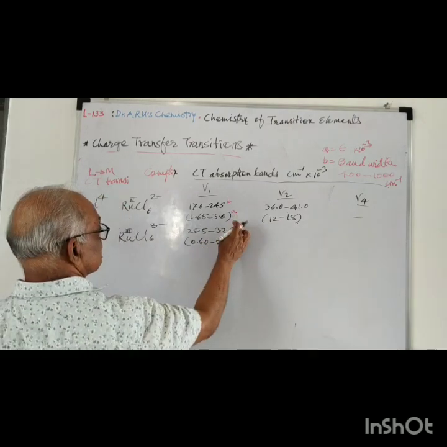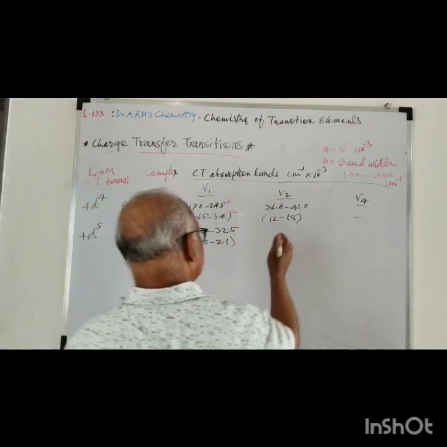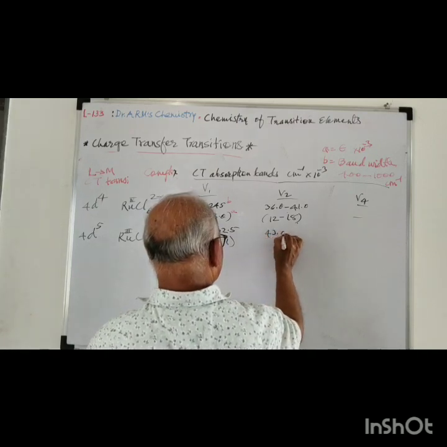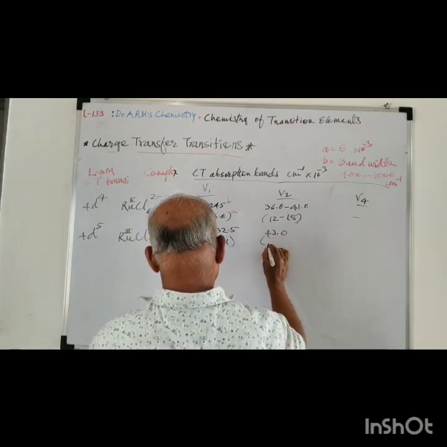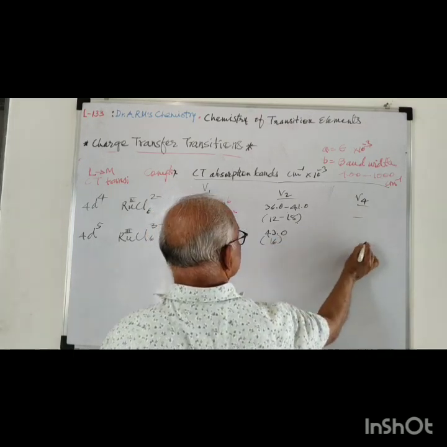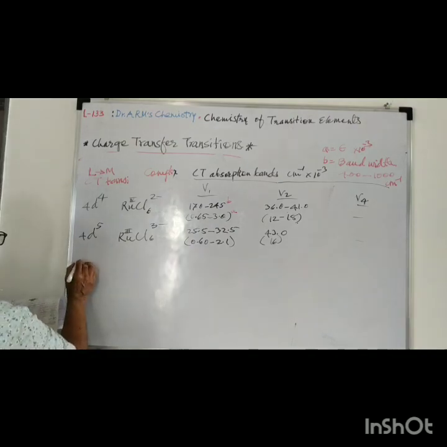So you have to similarly refer to these values. Then here V2 will have the values 43.0 and 16, and no V4 value.